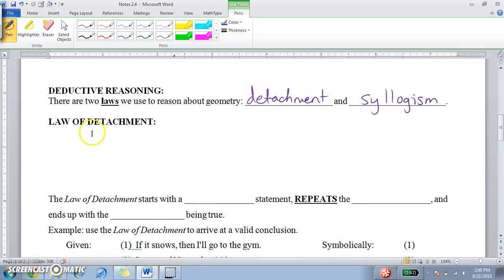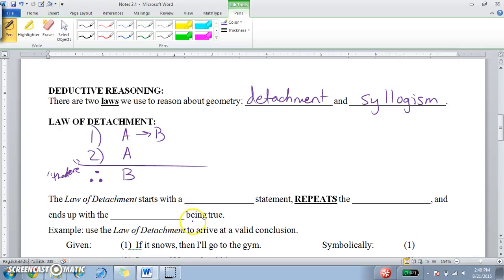Law of detachment says we've got a conditional statement, if A, then B. Then, the second step is the hypothesis of the conditional statement happens. Our conclusion, these three dots right here mean therefore. So, if A, then B, A happened, therefore B happened.